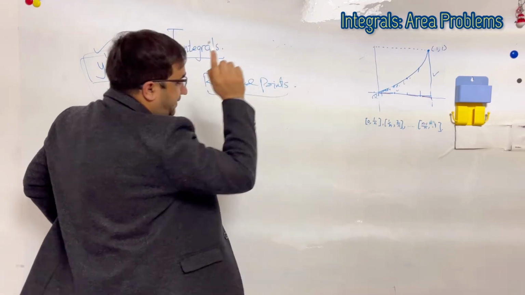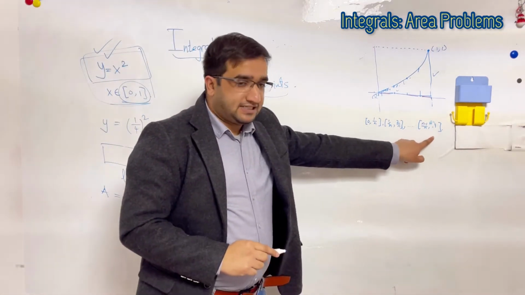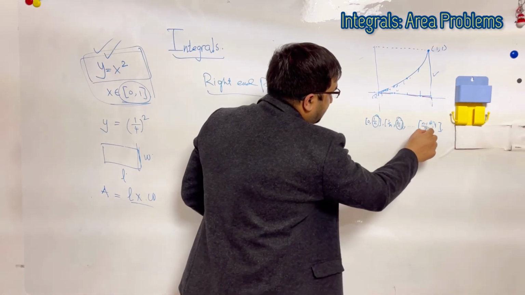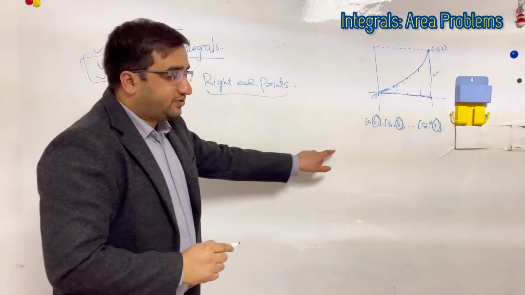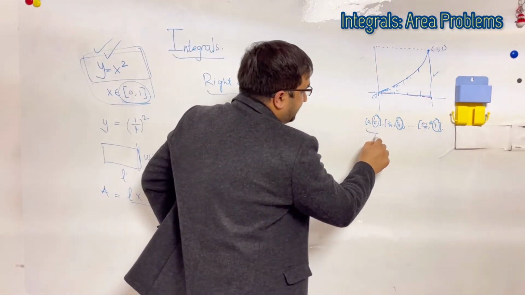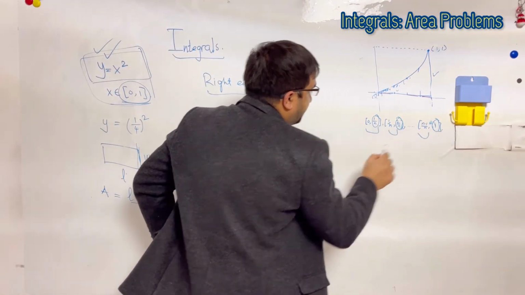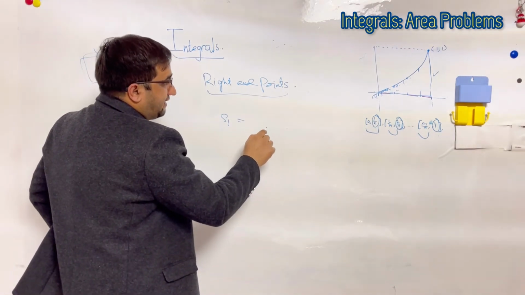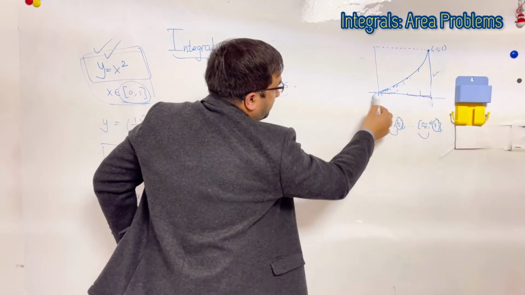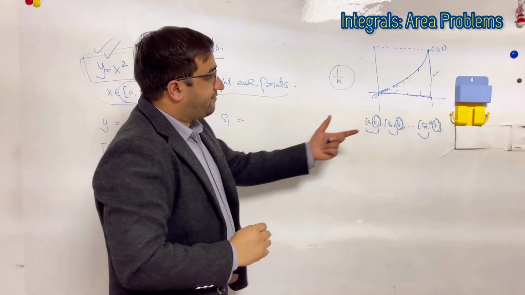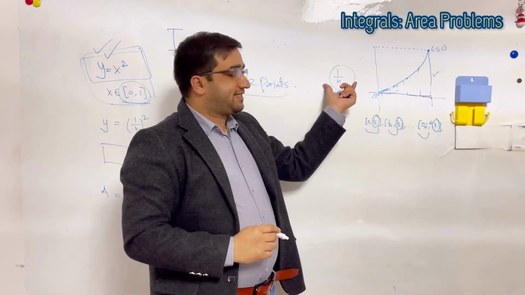Focus on the right end points of all these intervals. The right end points are these. So if I want to calculate the area of each smaller region, then the area of S1 will be, what is the total? The in between distance is 1 by n, because I have divided the whole region by this number.